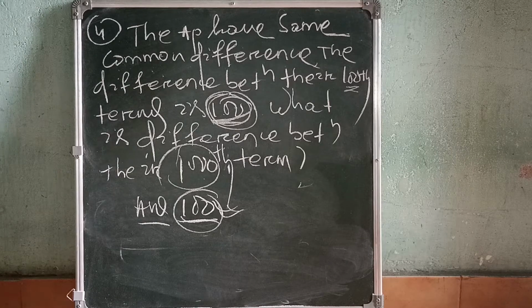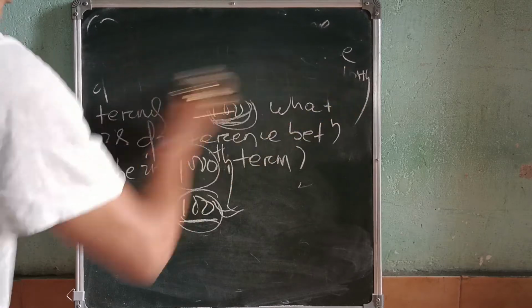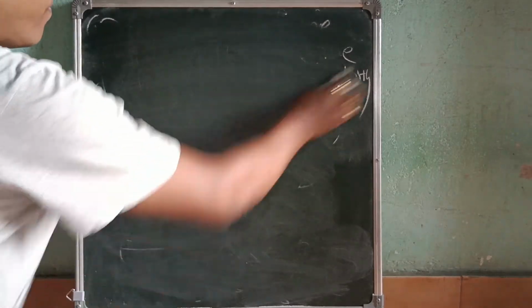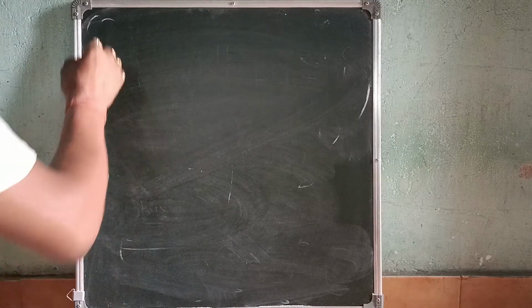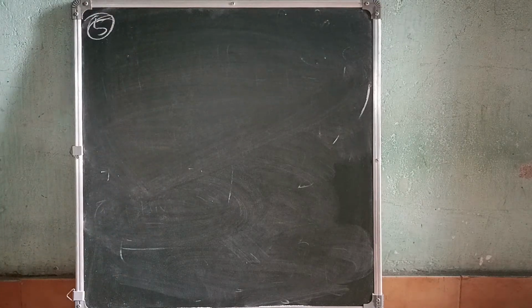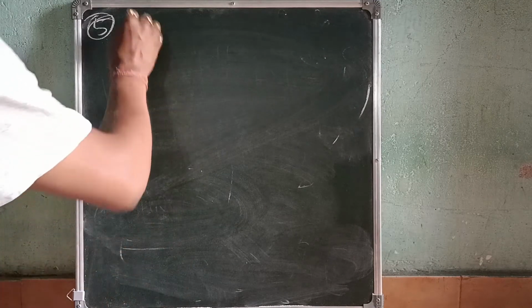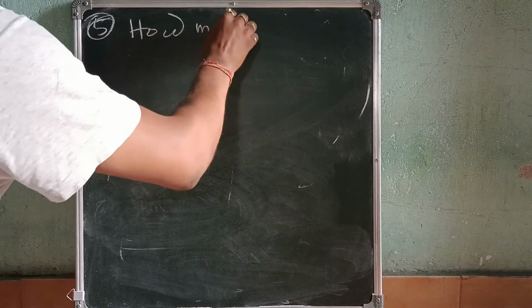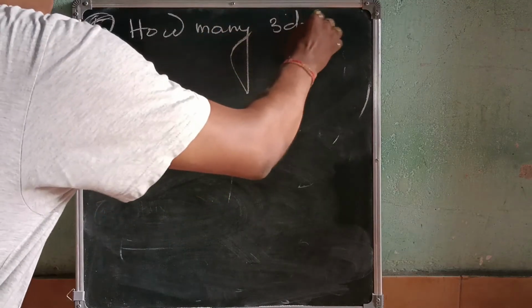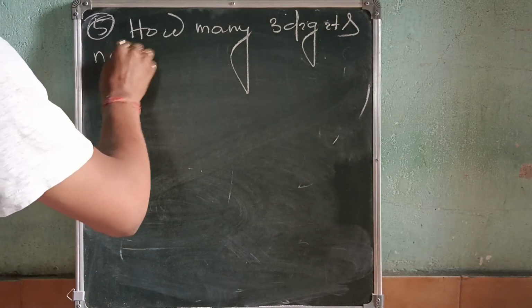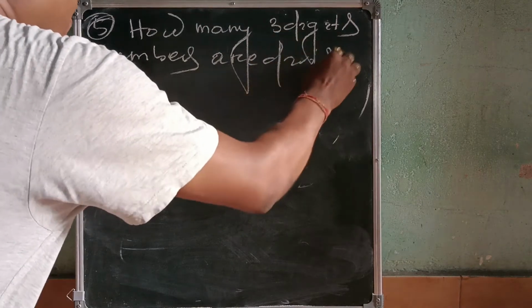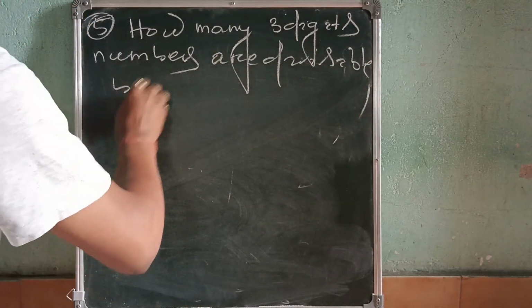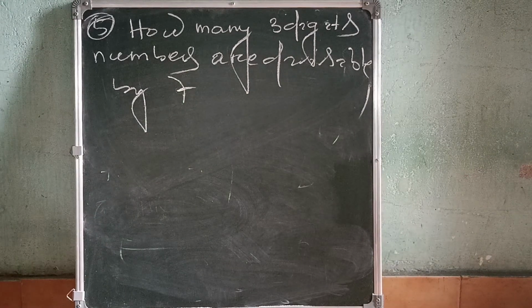Then come to the digit part. Now consider the digit part. Question 5. How many 3-digit numbers are divisible by 7? How do you have to solve here?